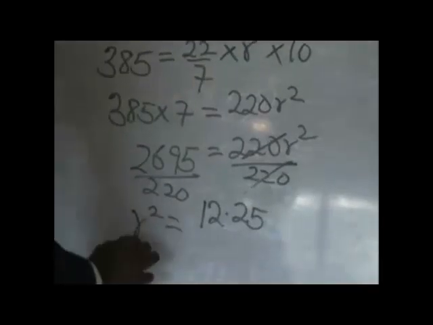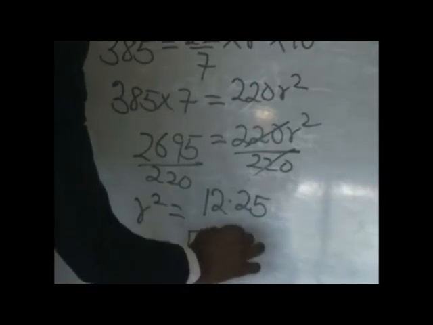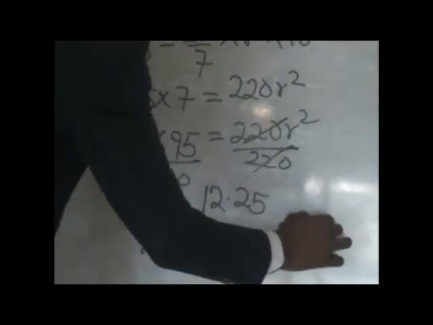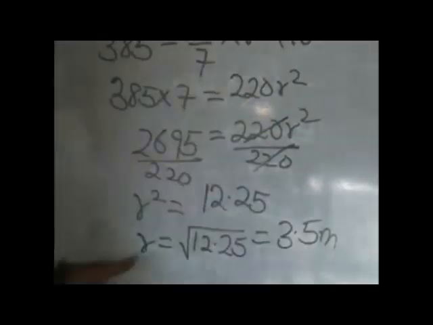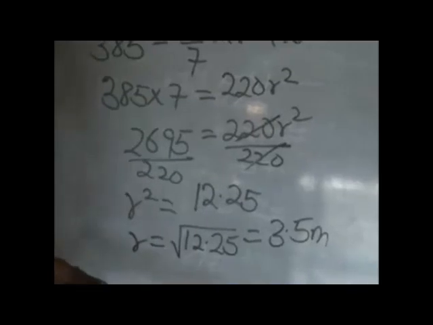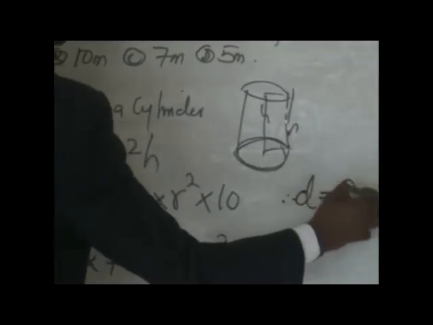In order to get your radius, you take the square root of this value. So r equals the square root of 12.25, which will give you 3.5 meter. Now 3.5 meter is the radius, but in the question you have to find the diameter. Diameter is always 2 times radius.